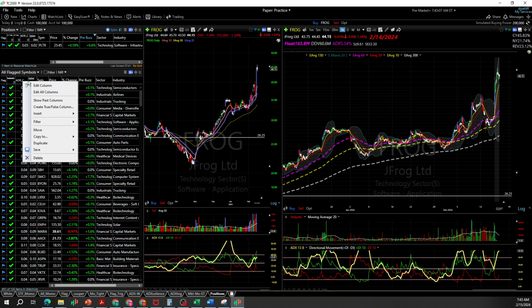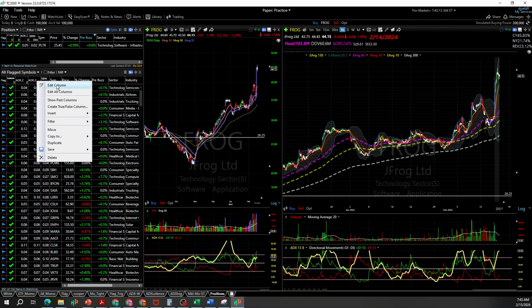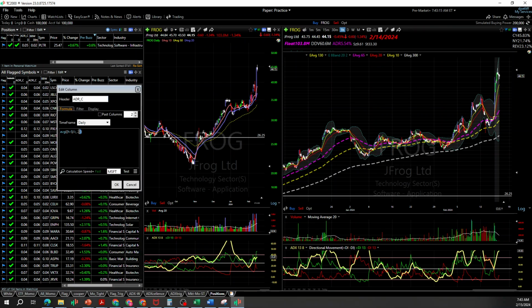So we can pretty much do the same thing here. In TC2000, I just duplicated this column, and if we look at the criteria, right now it's covering a 20-period range.